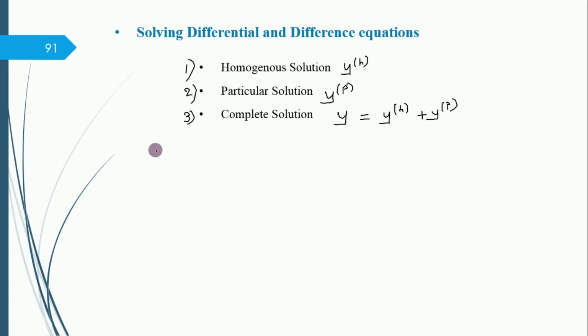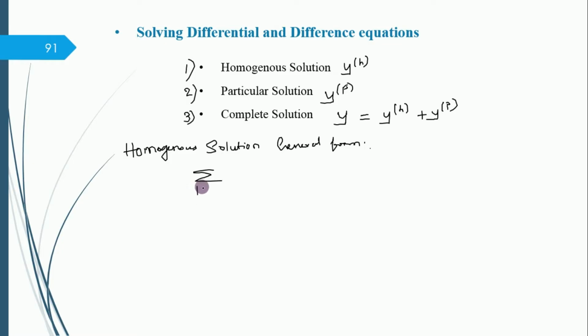So here we go on. The homogeneous solution, we already know the general form of the differential or difference equation. Now I'm writing the homogeneous solution's general form. Okay, so this is how it looks.